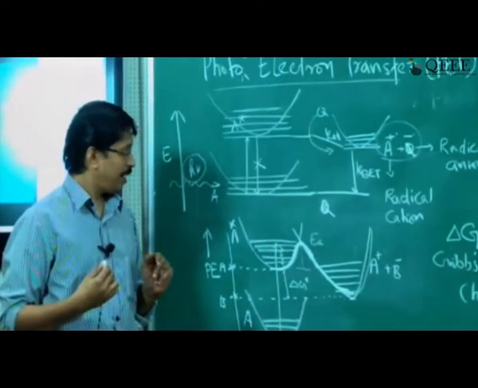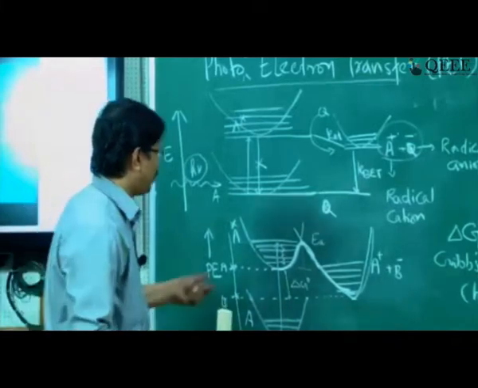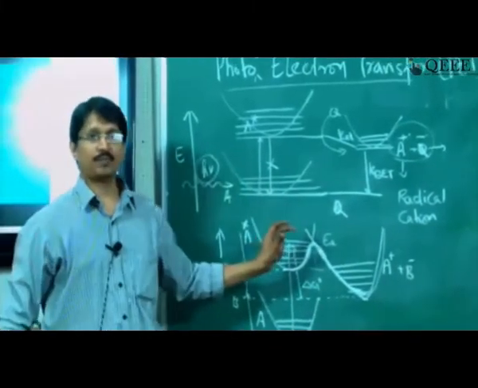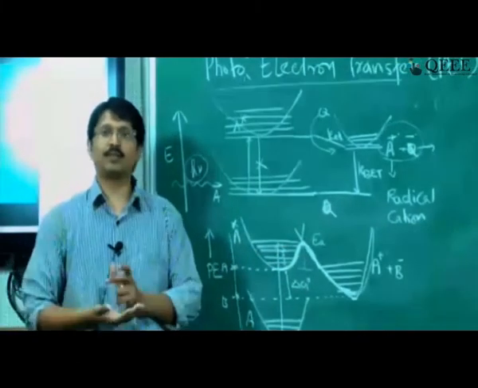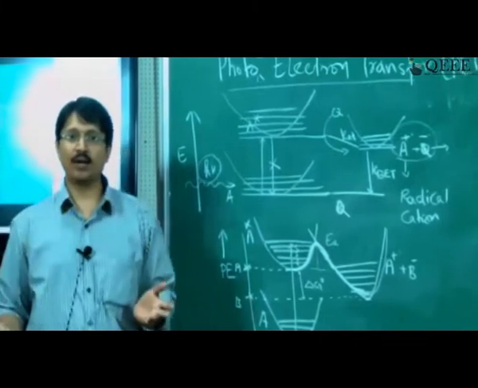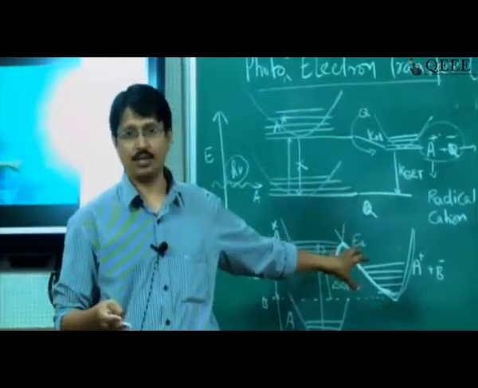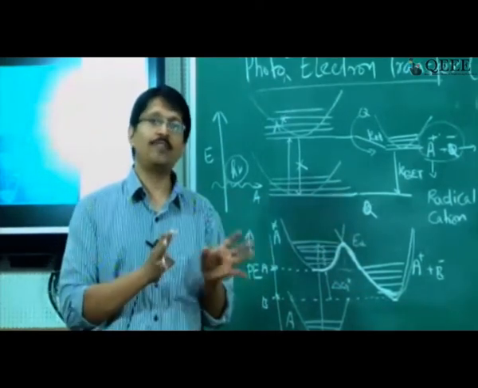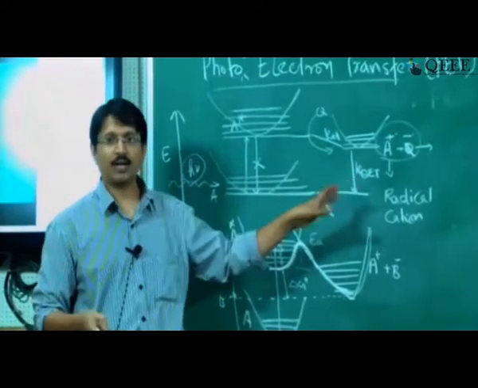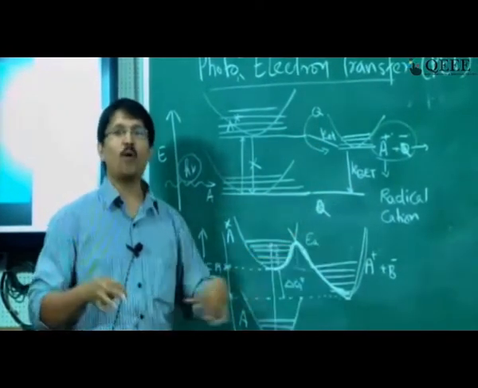Okay. Now I want you to do another interesting exercise with this curve. What process are we talking about? Photoinduced electron transfer, right? So I want this electron transfer and the electron transfer associated free energy change. Any process will have an associated free energy change. I want this process to become more and more negative.